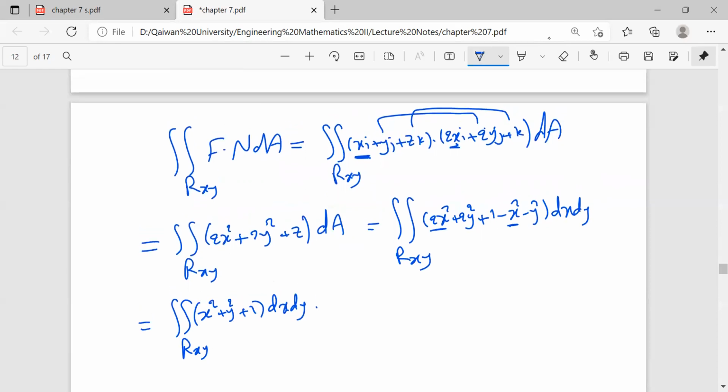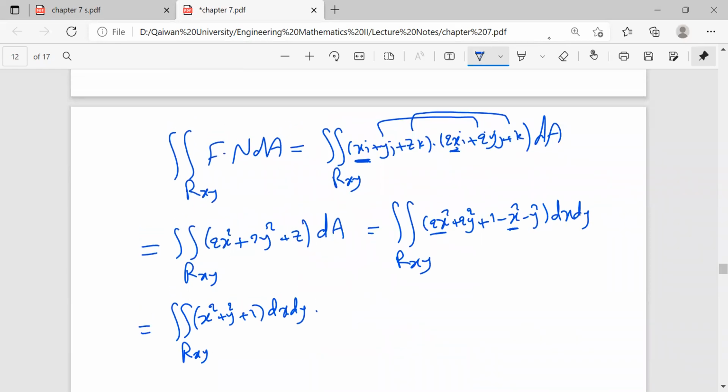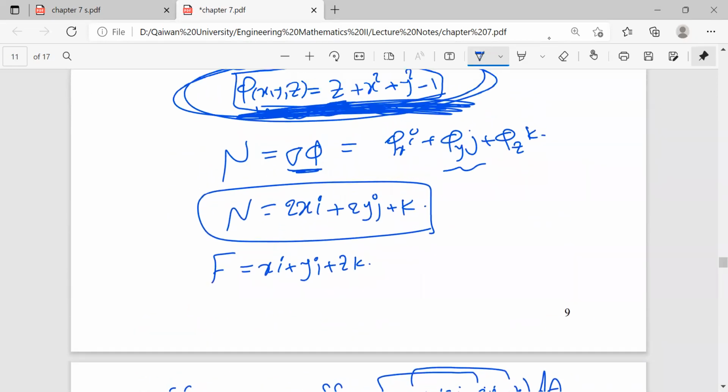Let's draw the graph of the surface. It says z equals 1 minus x squared minus y squared. It is a paraboloid, an upside down paraboloid.